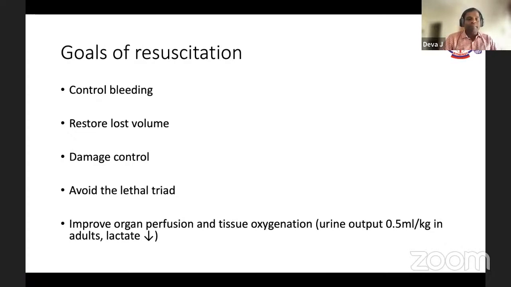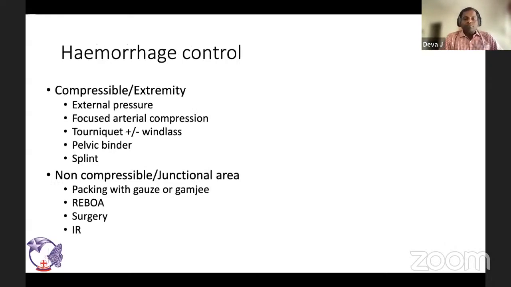So control the bleeding. Second is restore the lost volume. Third is do damage control resuscitation. Fourth, avoid the lethal triad. We'll talk about that when it comes to that. And the ultimate goal by doing all of this is to improve organ perfusion and tissue oxygenation. Right. So let's go through one at a time.